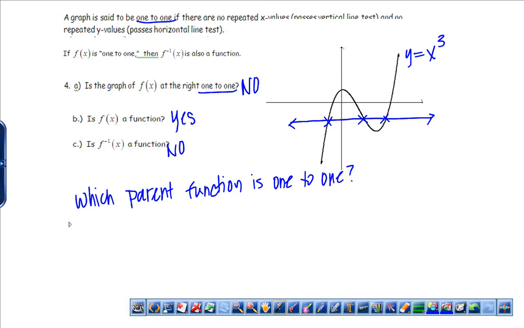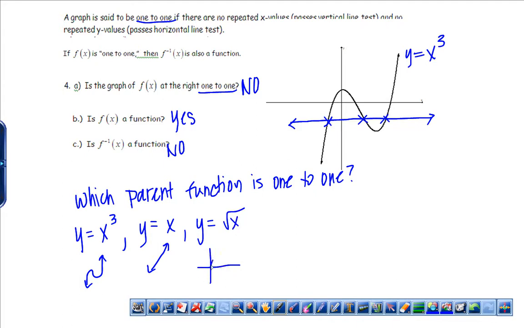All right, so we know x cubed is one of them because we already wrote it out. We've already talked about x squared. We did it in the previous problem, so x squared is not. Y equals x is 1 to 1. So here's x cubed, that is. Y equals x is. How about the square root of x?